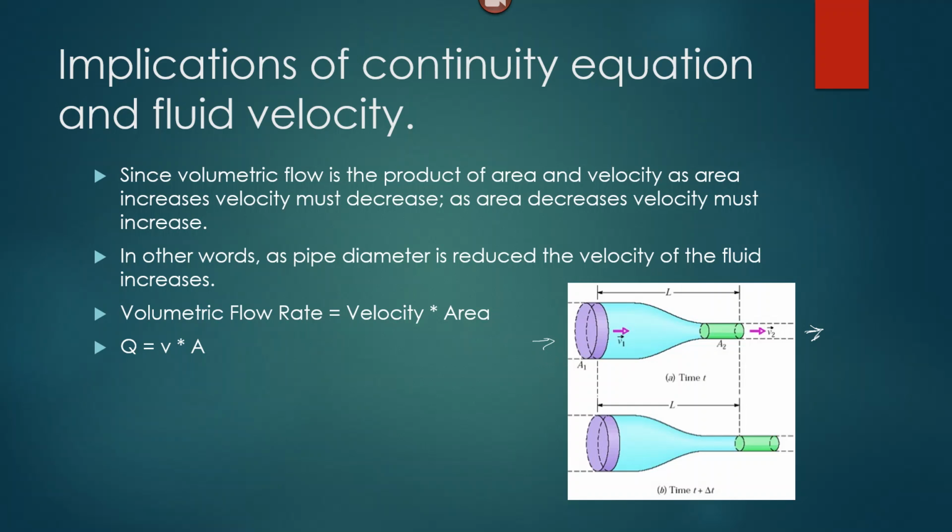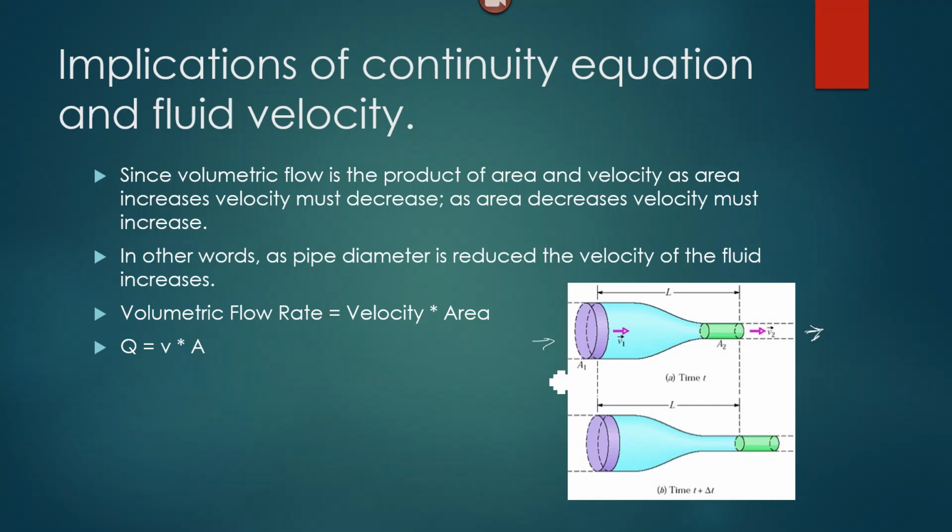That also means the volume of fluid per unit of time entering is going to be equal to the volume of fluid per unit of time exiting. So the volumetric flow rate is going to be equal on both sides of this pipe. The fluid has nowhere to go, and it's not being generated inside the pipe. So the two GPMs have got to be the same, or the two volumes per unit of time have got to be the same.